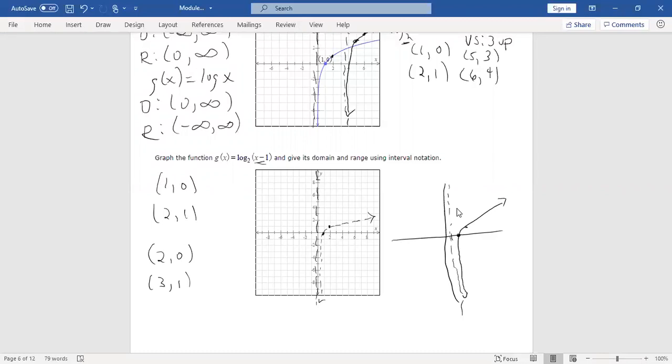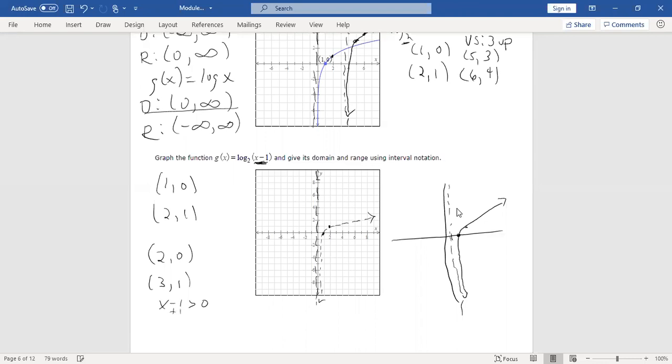Now when we look at our domain and range. So remember, originally our domain are those values greater than 0. Since we shifted our graph over to the right 1, our domain changes. And what we can do is we can set the x minus 1 greater than 0, and we'll do that each time to determine our domain.